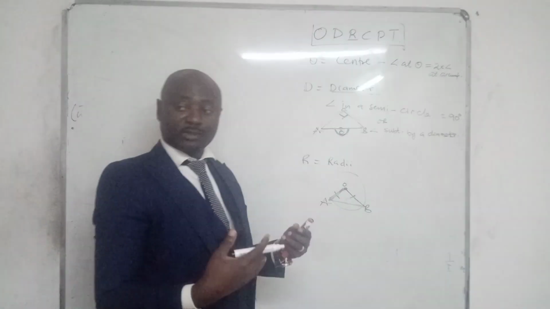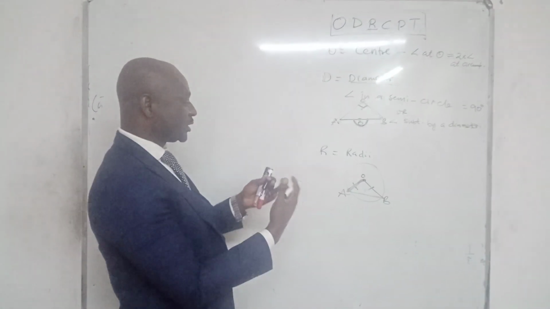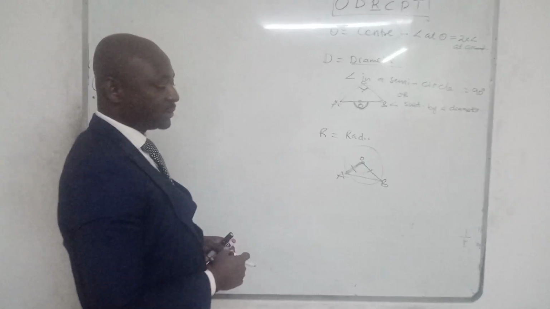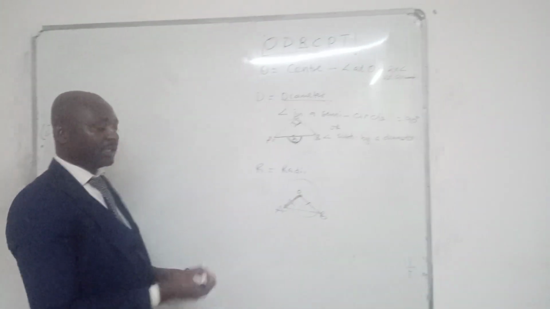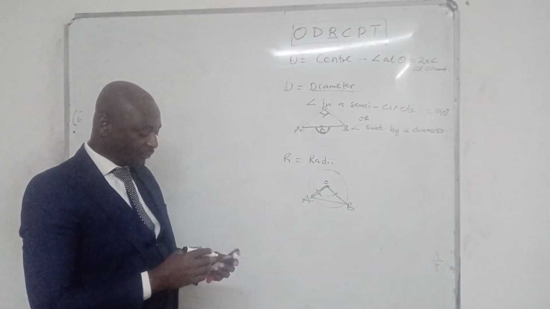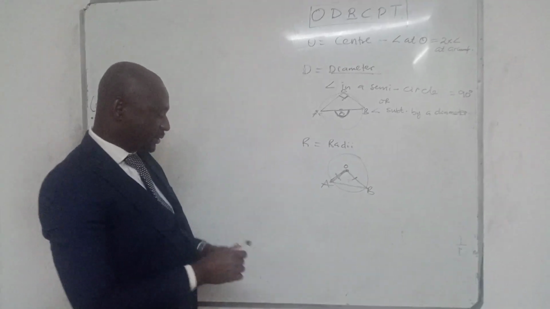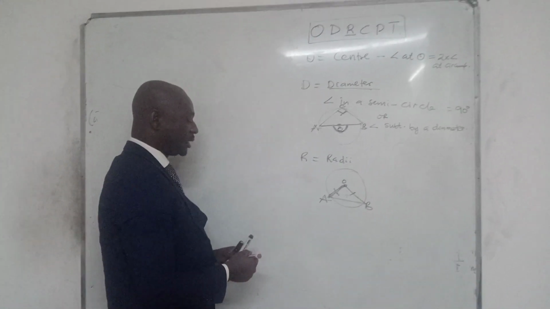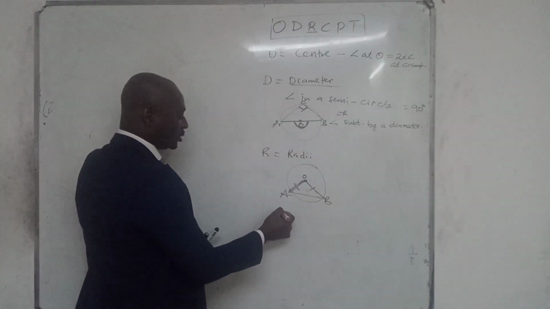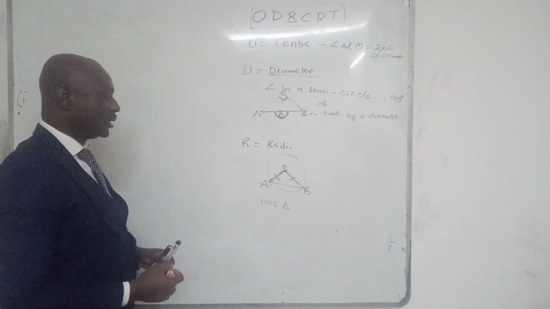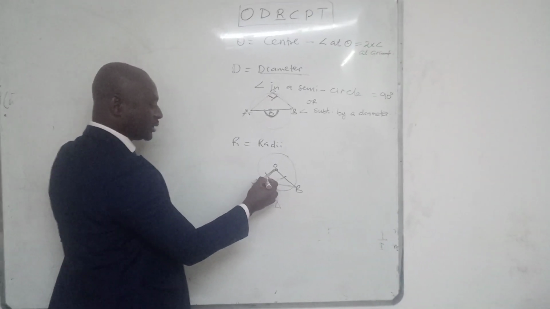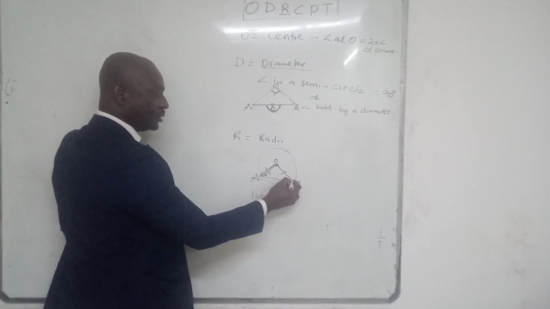Always, when you see radii in a diagram, check whether they form a triangle inside the diagram. If it does, then that triangle is an isosceles triangle. So the angle at the base here and the angle here will be the same.